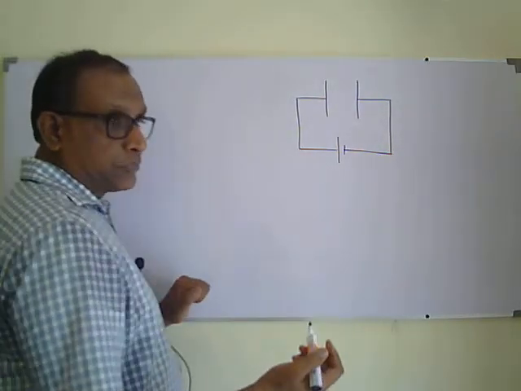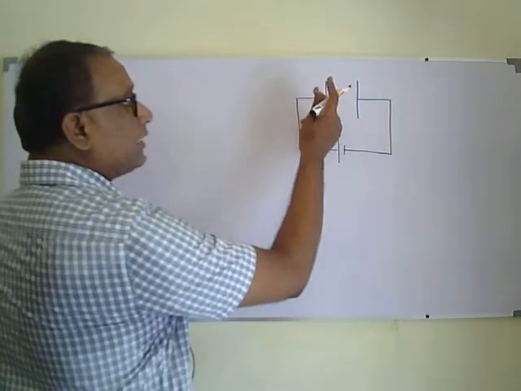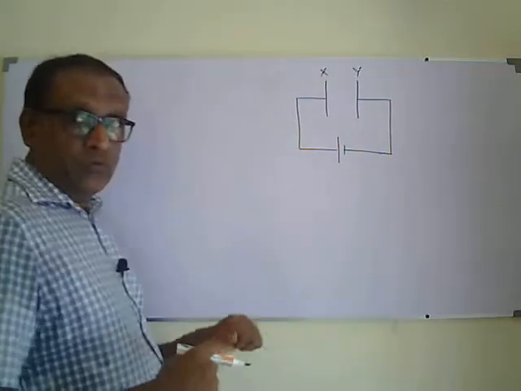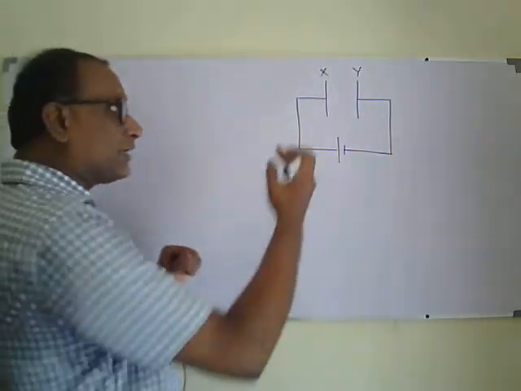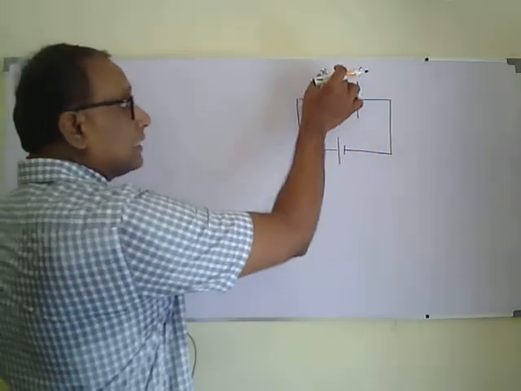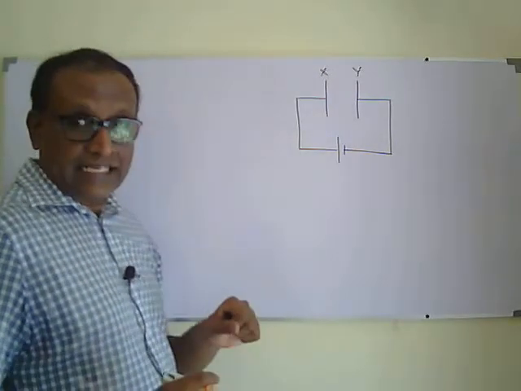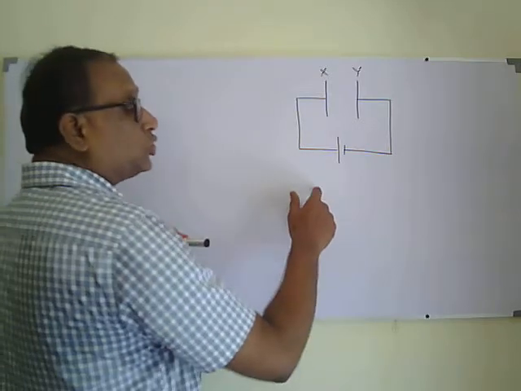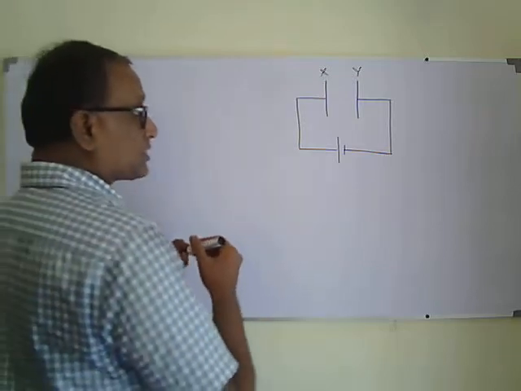Now, during the charging process, I told that the DC power supply is removing some electrons from plate X. When electrons are removed, it's something like ionizing, not exactly ionizing, but something like that. When you remove electrons, the existing positive charges or nuclei of plate X will try to attract them back. So the battery should do work to overcome that electrostatic attractive force. In the same way, the DC power supply is transferring electrons to plate Y. The atoms of plate Y already have electrons in their orbits, so those electrons will repel the electrons flowing in. Again, the battery should do work to overcome that electrostatic repulsive force.